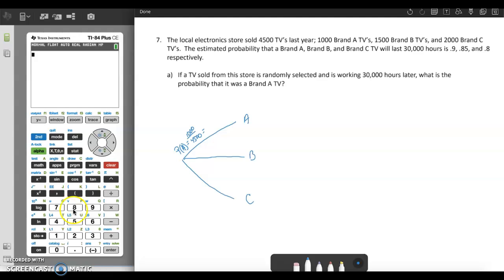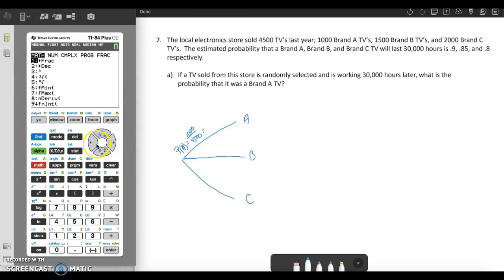If you divide 1,000 by 4,500, you get 0.2 repeating, which as a fraction is 2/9.